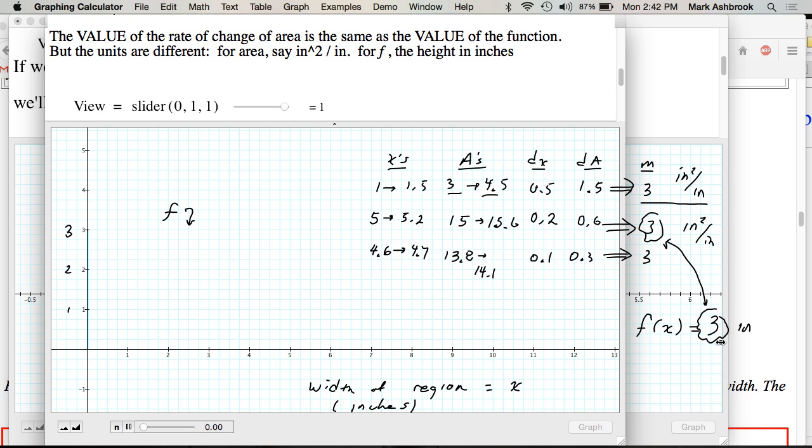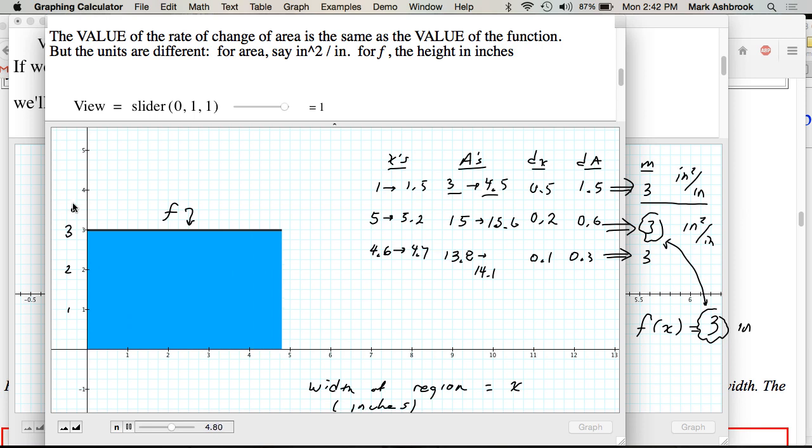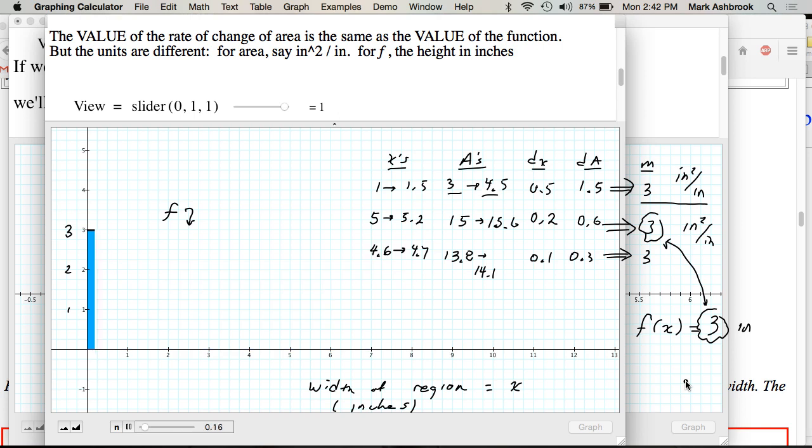This is a rate of change, and this is inches, or really could be whatever unit f is in. Whatever your output variable, your function f is, that's the unit. So it could be mass or temperature, something like that.